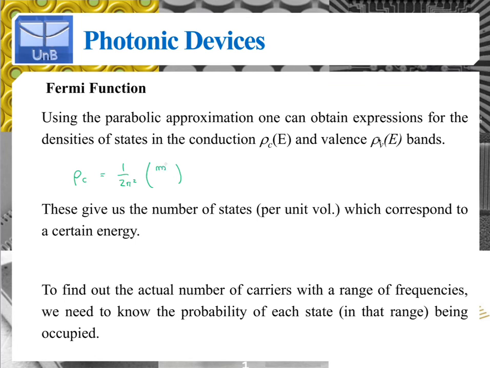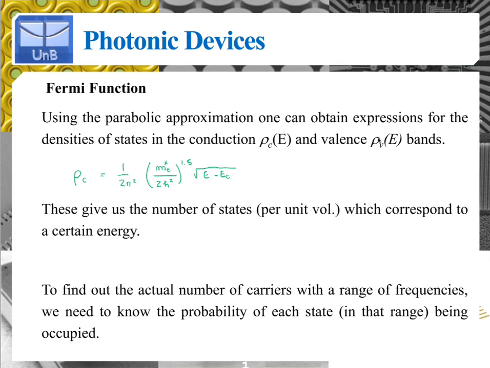If we're talking about the conduction band, this would be the effective mass of an electron, divided by 2 h bar squared to the power of 3/2, multiplied by the square root of E minus the band edge energy.